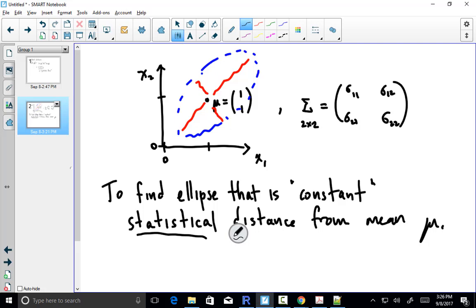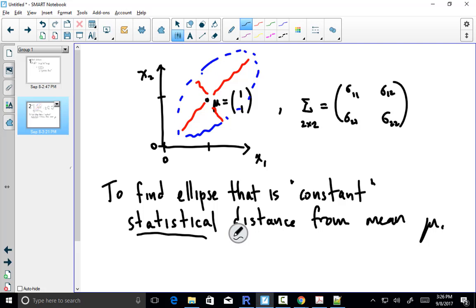All right, I won't dwell on that right now. We will come back to this, but the idea, an important player in this relationship, is to find the ellipse or the ellipsoid region that's a constant distance away from the mean. That's how we're going to get confidence regions. Give me a 95% confidence region for my 5 variables simultaneously.